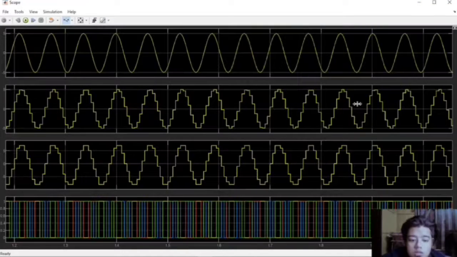This is the waveform that we obtain from the scope for the 4-bit PCM simulation. The first waveform is the input signal, which has been set to a peak amplitude of 5 based on the given signal in the project guideline. The second waveform represents the output signal, which is set to m(t) equal to 5 sin 2 pi times 100t.